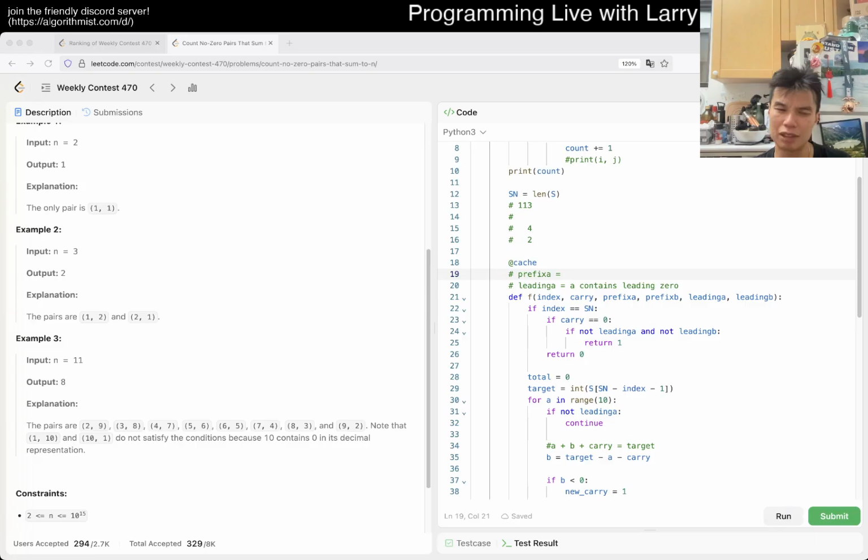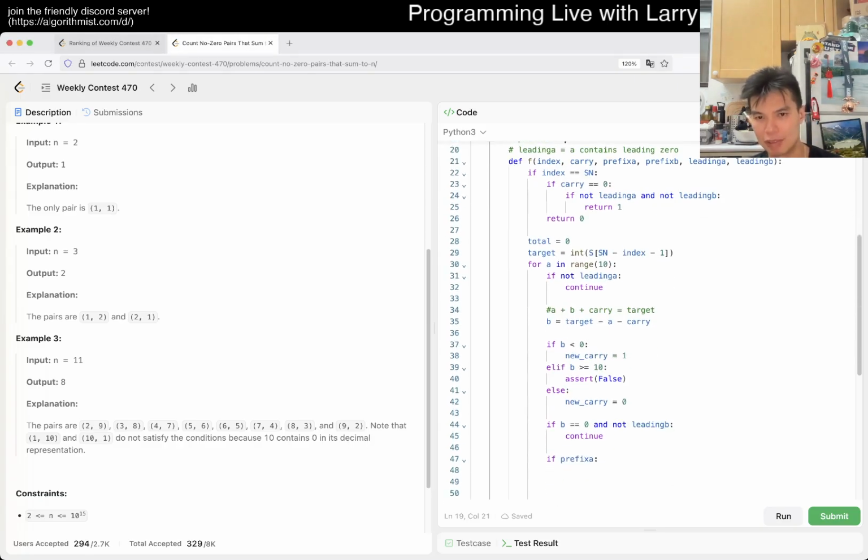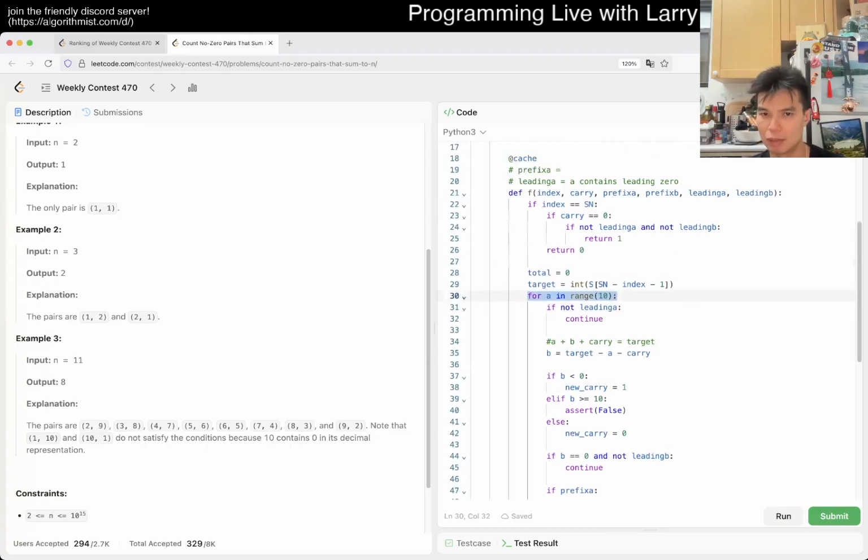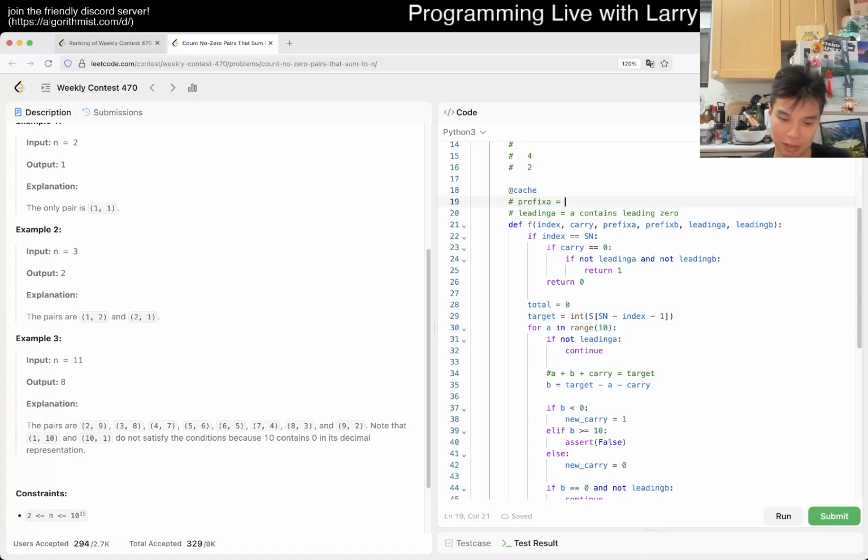Do we still need prefix if we're counting up or down? I'm confusing things because I'm counting this on the bottom, but then I'm doing prefix, so that doesn't make sense, right?